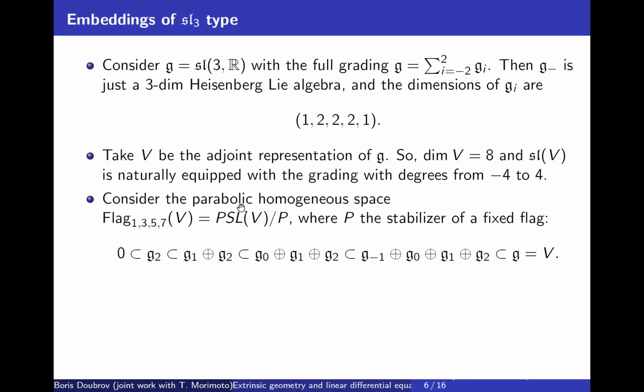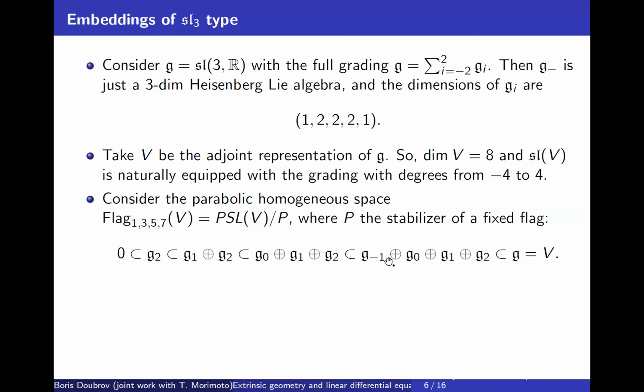So now, if you consider flags of these dimensions, we can have a fixed flag in V. The fixed flag is defined as follows. It's one-dimensional G2. Then G1 plus G2, it's 3. G0 plus G1 plus G2, it's 5.